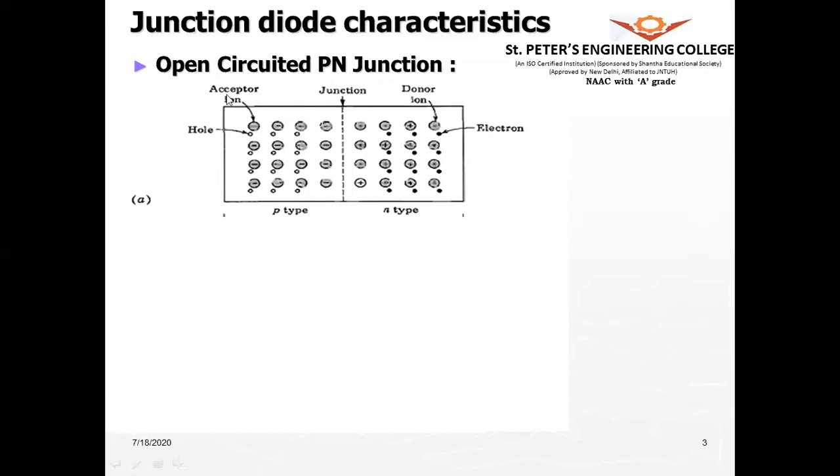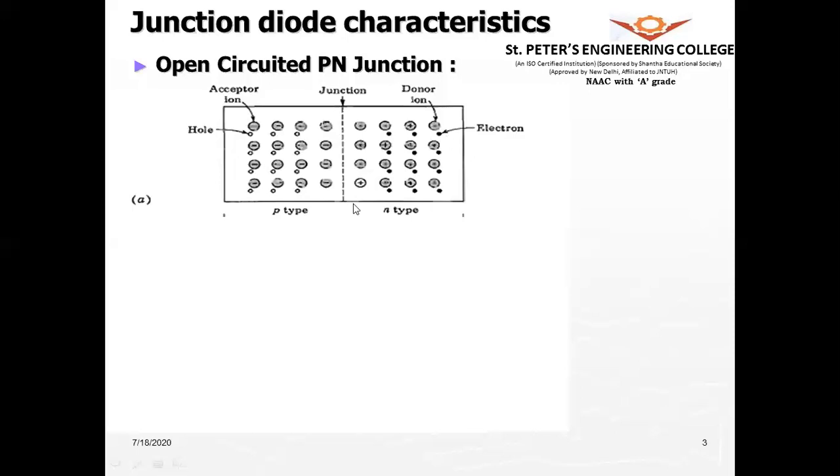These ions are called acceptor ions because the hole indicates a loss or absence of an electron, so it can accept an electron. Similarly, in the n type, we have excess electrons, so we call these donor ions because they have one electron in excess.